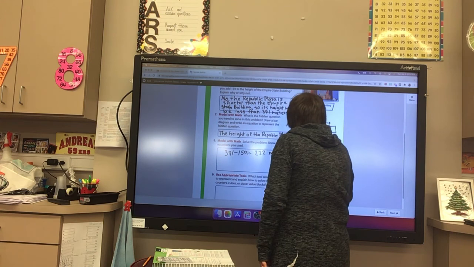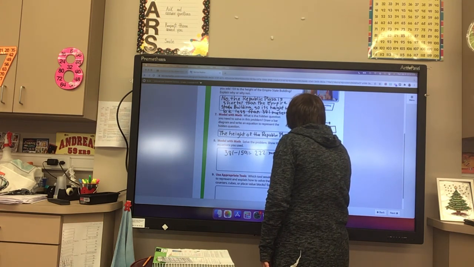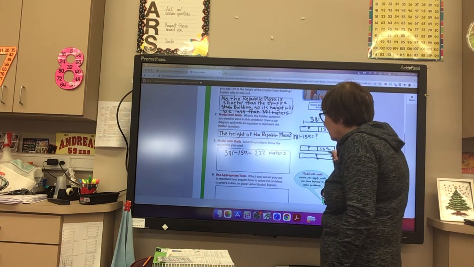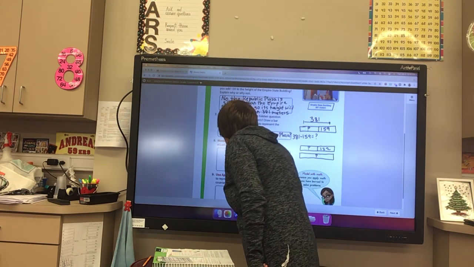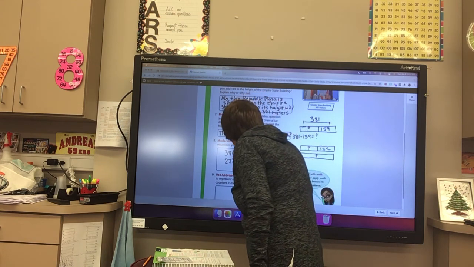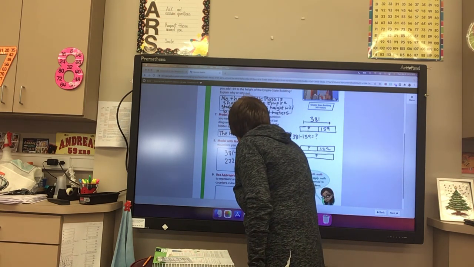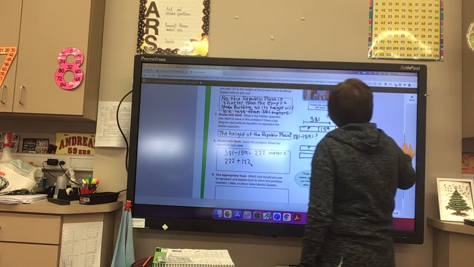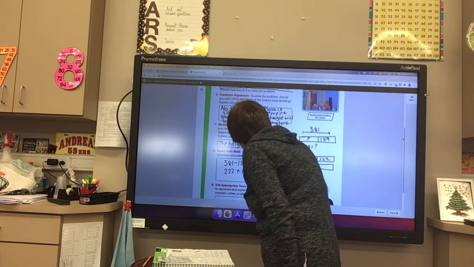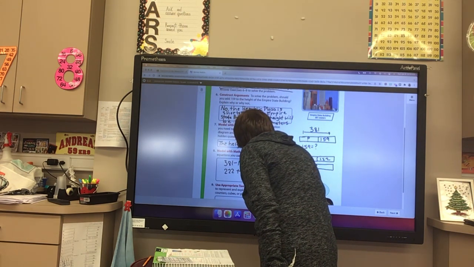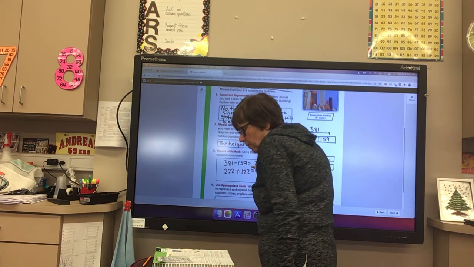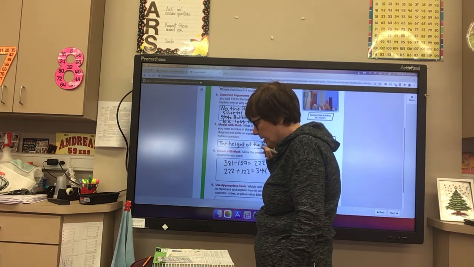We have 222, right? And then this is our unknown number here. We don't know what that is. So now we're going to add it. We're going to add our 222 meters plus our 122 meters taller, which is the John Hancock, which equals 344 meters. And so the Hancock Building is 344 meters tall.